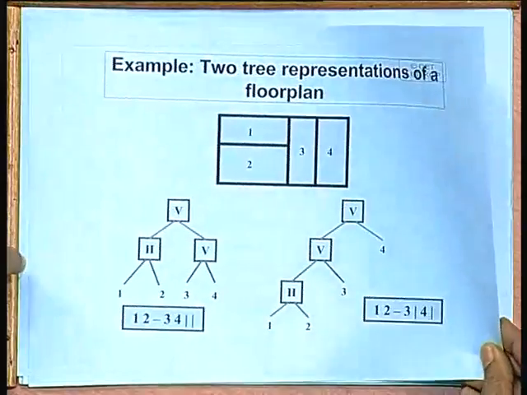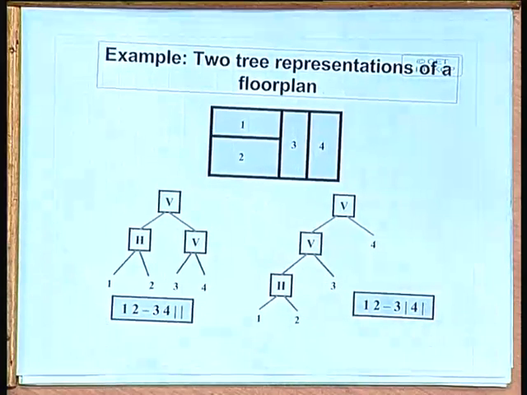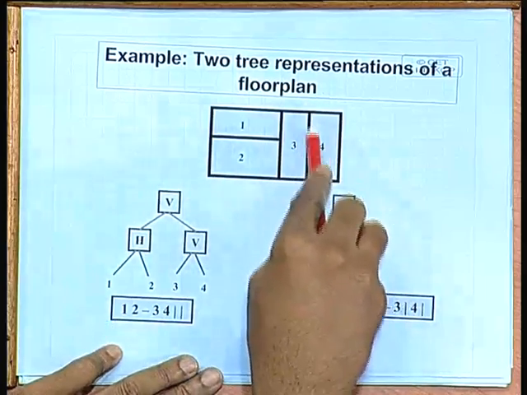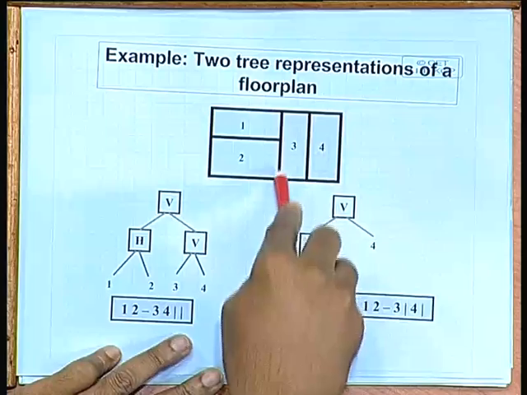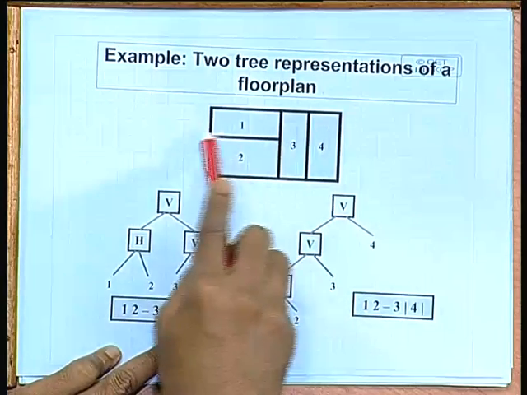Okay. The same floor plan can have more than one slicing tree. Let us take an example here. So, this is a simple example with 3 subblocks separated by 2 vertical slices, but one of them also separated by a horizontal slice.